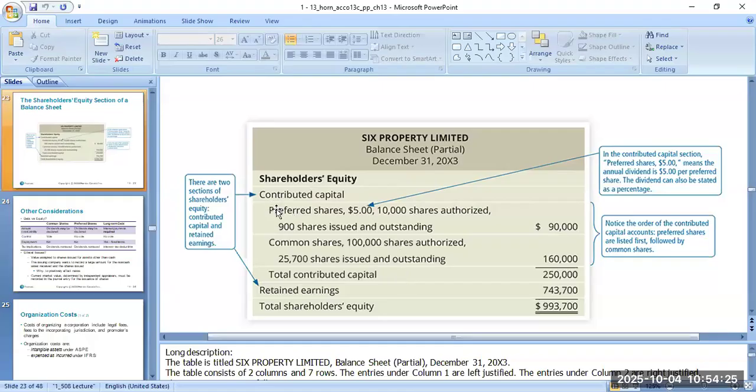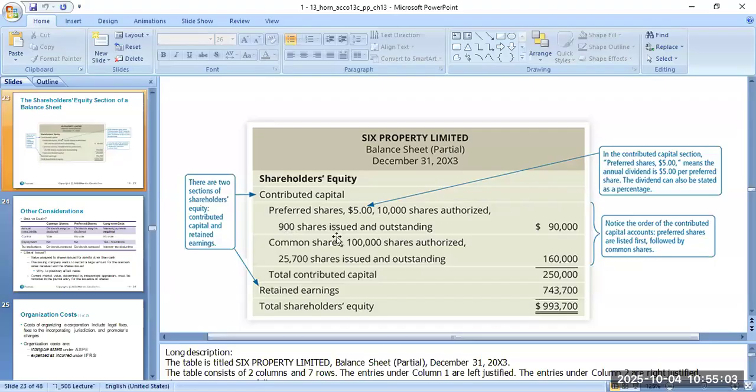Now, what's interesting here are the numbers. Again, we have the contributed capital and the retained earnings. Inside preferred shares, the first number after the preferred shares gives you the fixed dividend that has to be paid to the preferred shares. The second one is the number of authorized shares. So during the life of the company, this company can issue 10,000 preferred shares. Currently, the company issued and sold 900 shares.